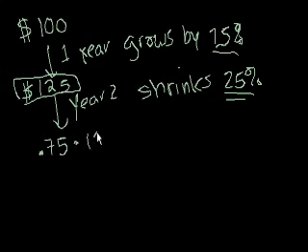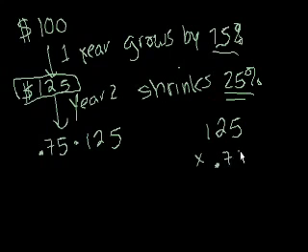So it's 0.75 times 125. And just in case you're confused, if something shrinks by 25%, it is now 75% of its original value.